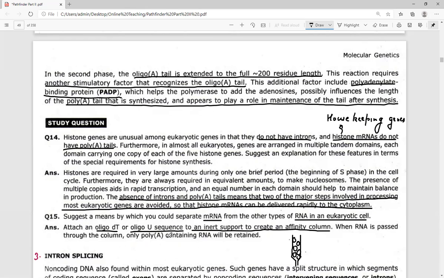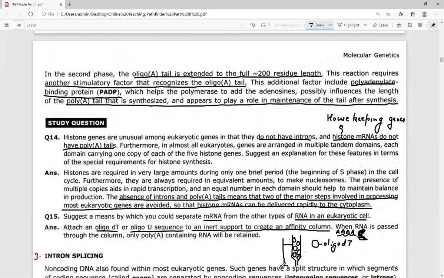oligo dT nucleotides present. This will bind to the poly A tail of a particular mRNA molecule. As it binds, it will be halted in this particular column.